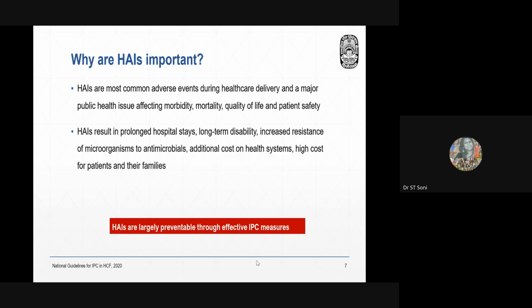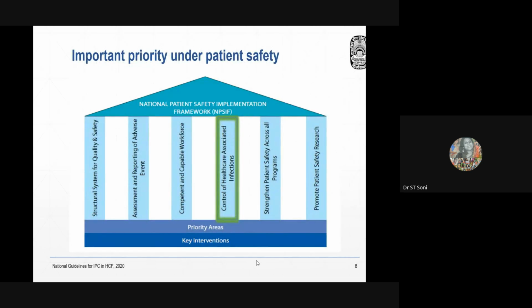But the bottom line is that these healthcare associated infections are largely preventable through effective infection prevention and control measures. This is one of the very important sustainable developmental goals and an important priority under patient safety, that is the control of healthcare associated infection.